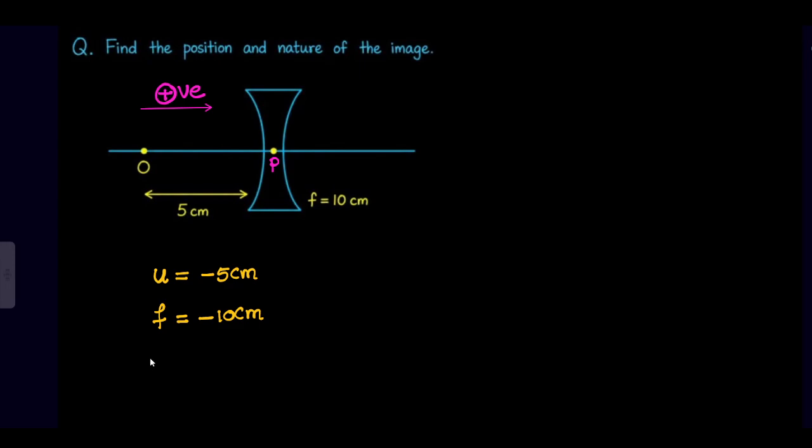Now we'll find the image distance. So the lens formula: 1 by f equal to 1 by v minus 1 by u.